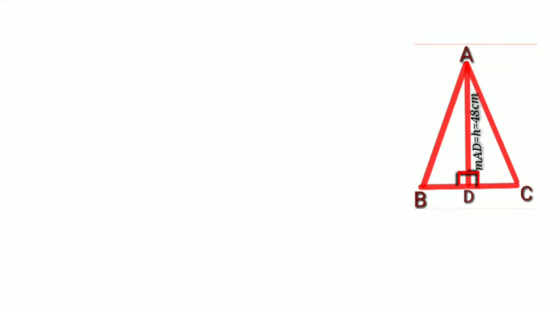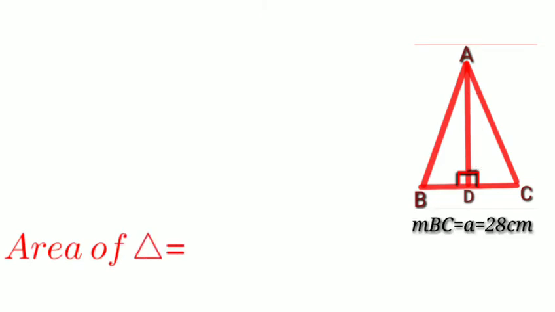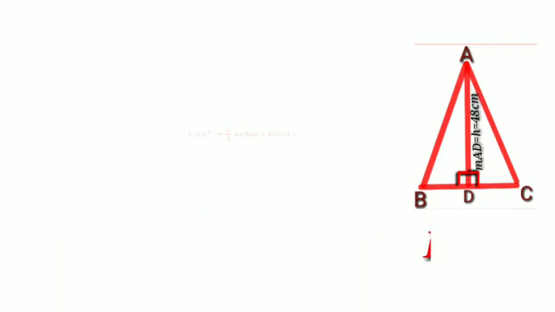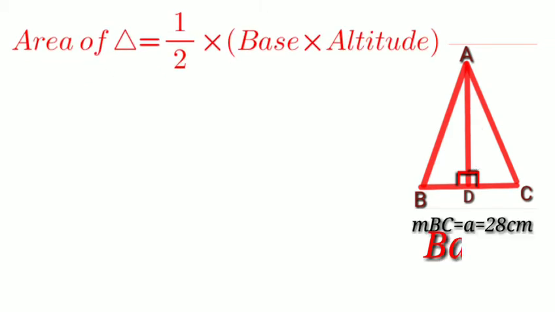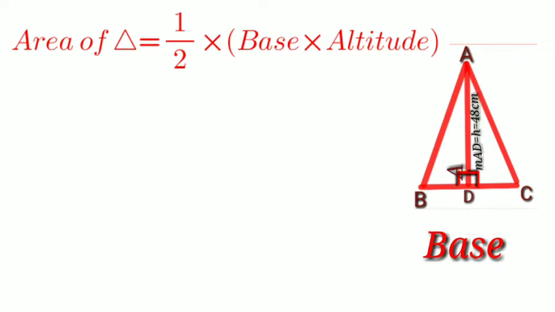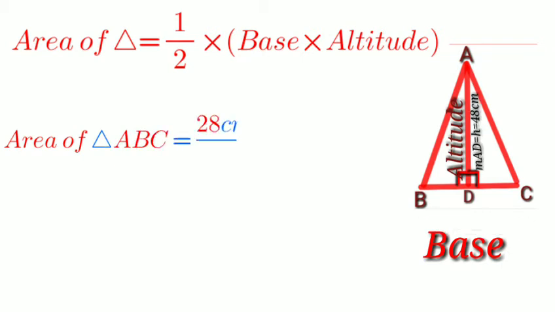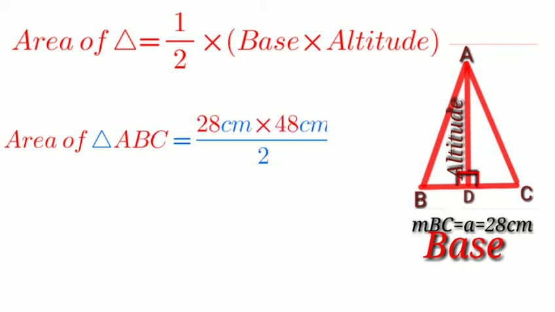The area of triangle ABC is equal to base multiplied by altitude divided by 2, where base is 28 centimeters and altitude is 48 centimeters.